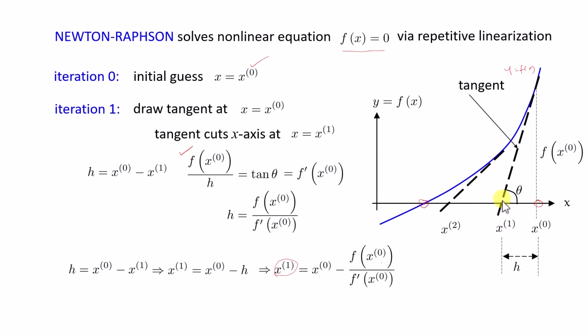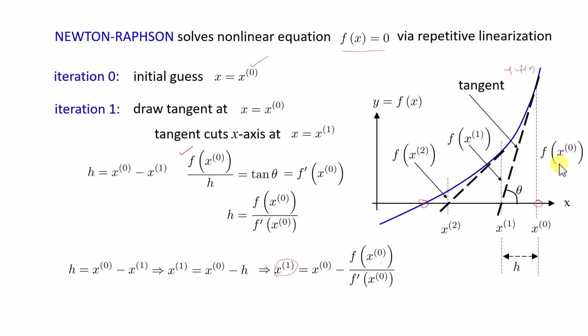Now from x1, I can again take a tangent. You can see that here is my f(x1). Here again this tangent is cutting at x2. So from x1, my next updated guess will be x2. That is my second iteration.